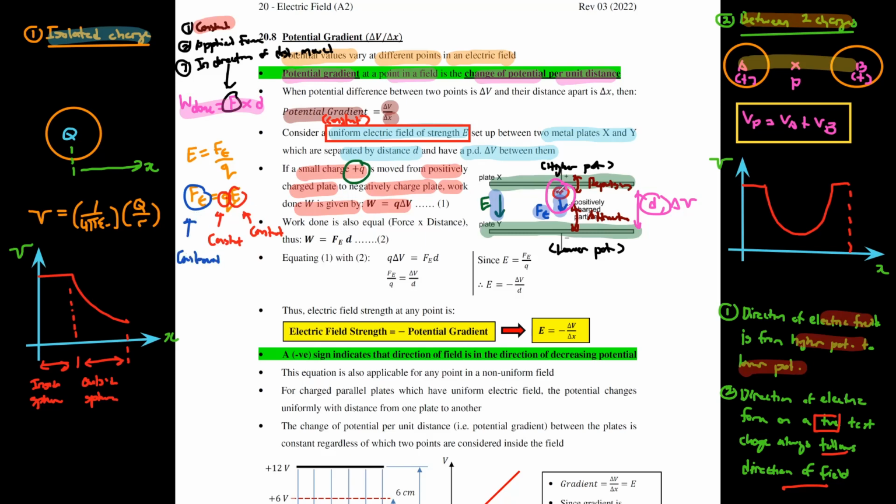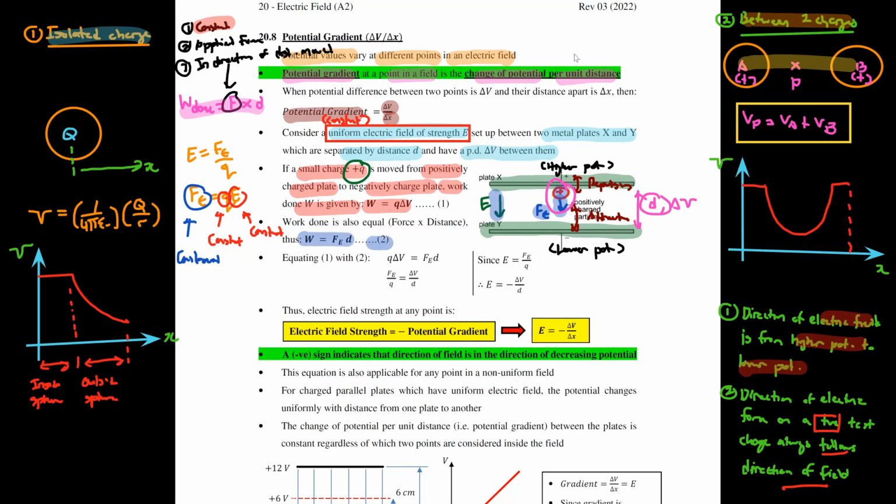So your electric force acting on your positive test charge would be constant throughout the field, anywhere between this region here. Okay, it will be constant as long as it's in between the charged parallel plates. The force acting on that positive test charge would always be constant. So you know you can use the work equation, work equals force times distance moved. So that one is actually number 2 here. All right, this is equation number 2.